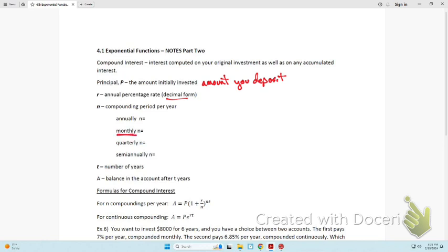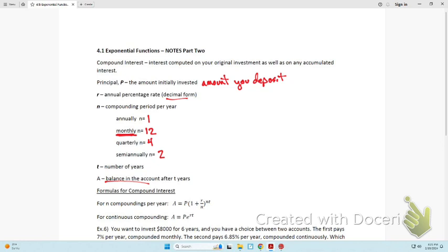So like if they say this thing is compounded monthly, that means N is 12. If they say it's compounded annually, that's 1. Quarterly, that's 4. And semi-annually, that's 2. So that's how many times the interest is compounded in 1 year. And then T, of course, is number of years.